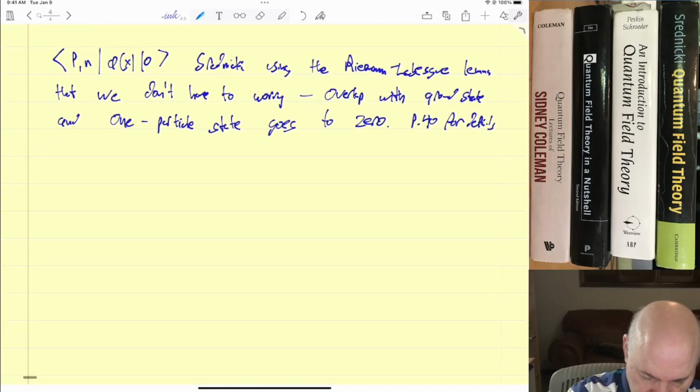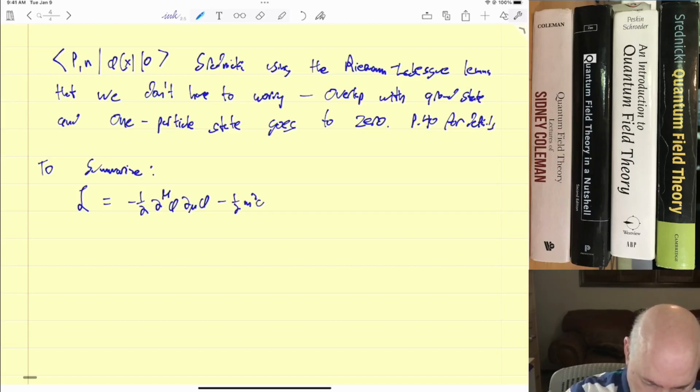So, to summarize, we start with a Lagrangian, our usual free particle Lagrangian, with interactions. Here it's like a phi cubed interaction. And then we shift and rescale phi to obtain the following Lagrangian.